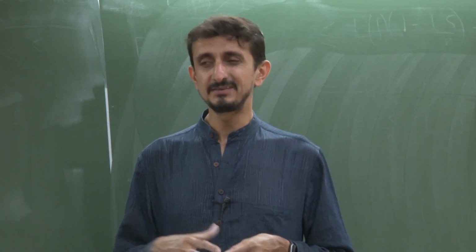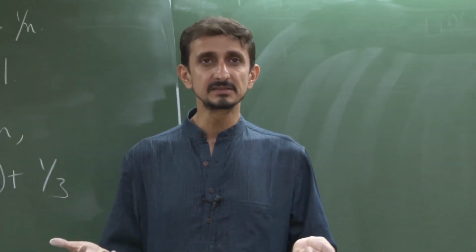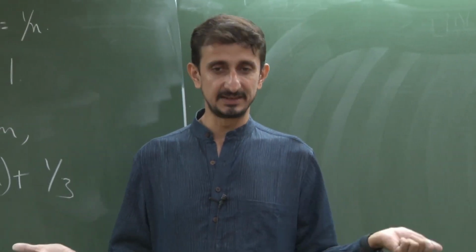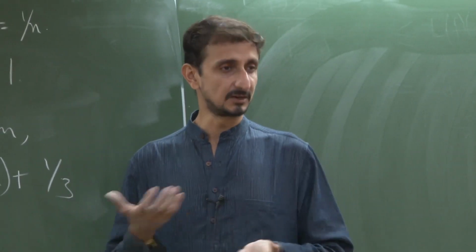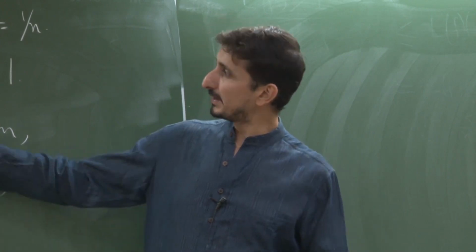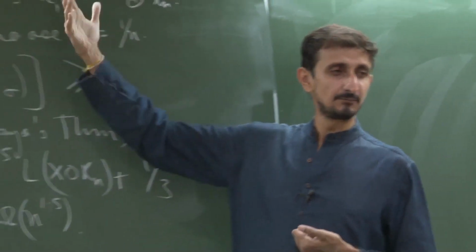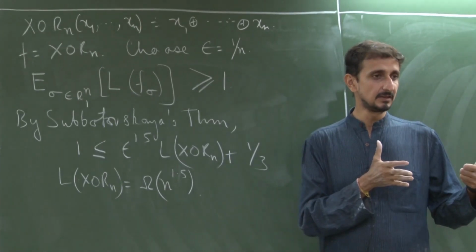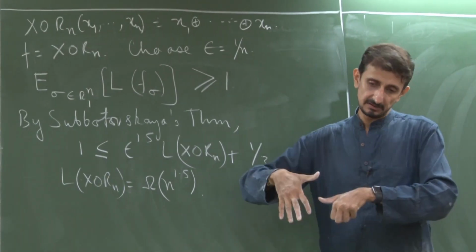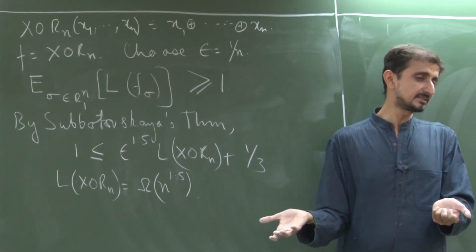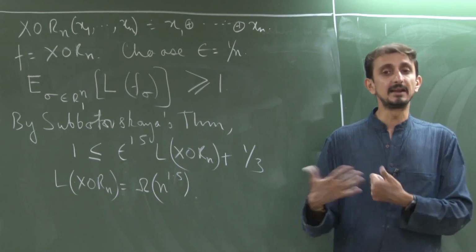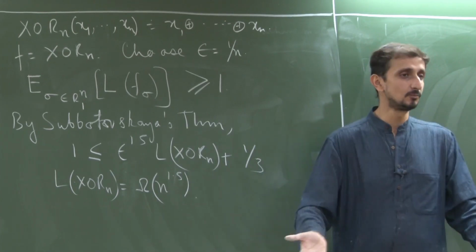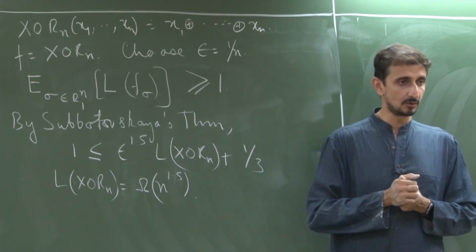Exactly, yeah. You can have functions which do not depend on any variable, right? You can have a constant function. So maybe for some function, if I restrict it to half the number of bits, the remaining half bits are irrelevant, and the function anyway goes to some constant 0 or 1.